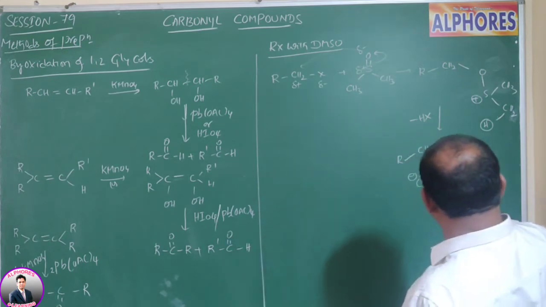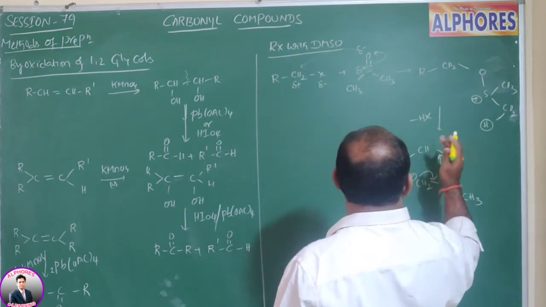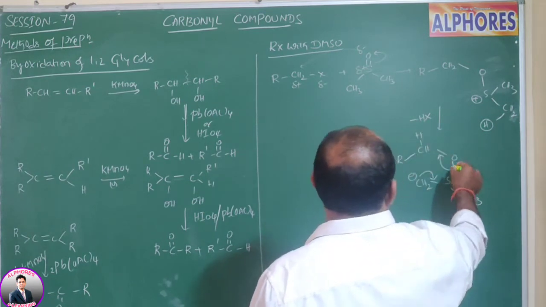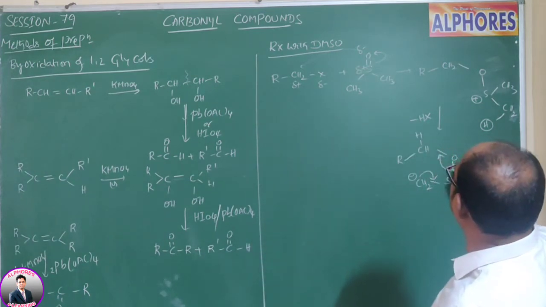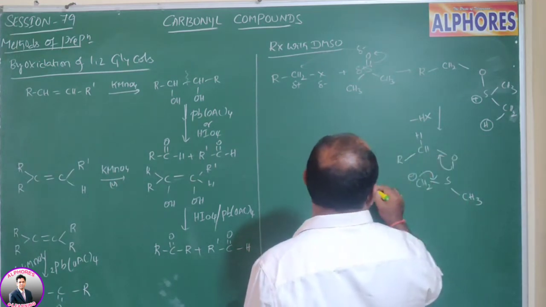In the next step, these electrons are shifted like that. Here one of the CH bond electrons and the oxygen sulfur bond electrons are shifted towards this bond, and this H plus comes out.